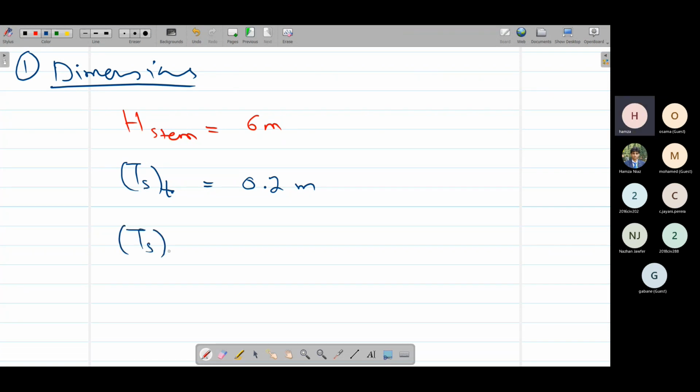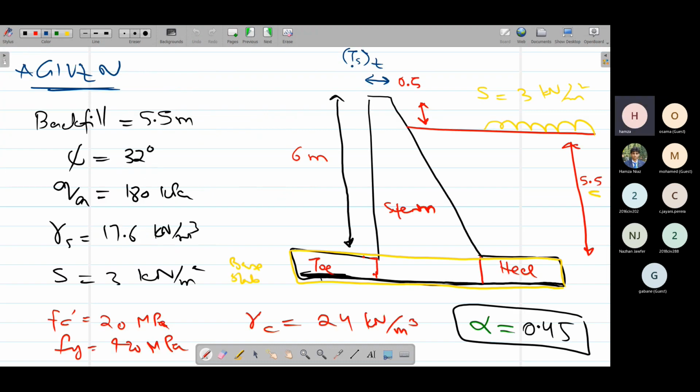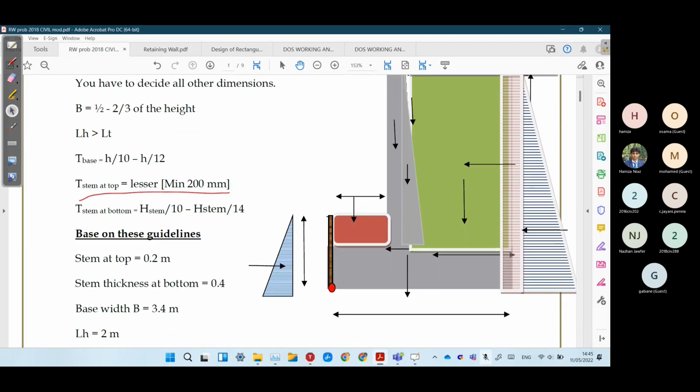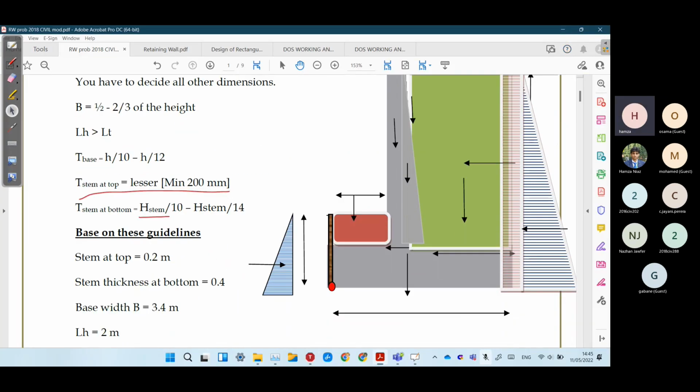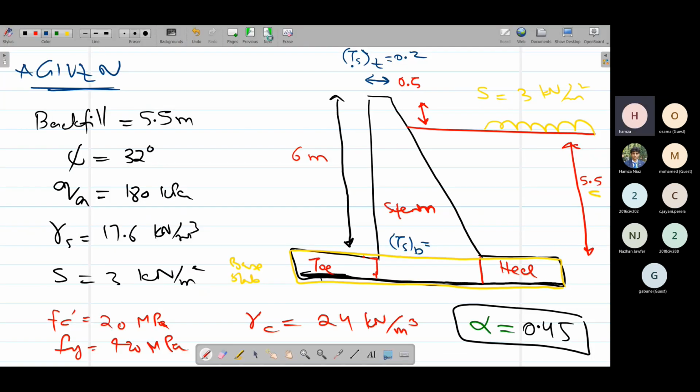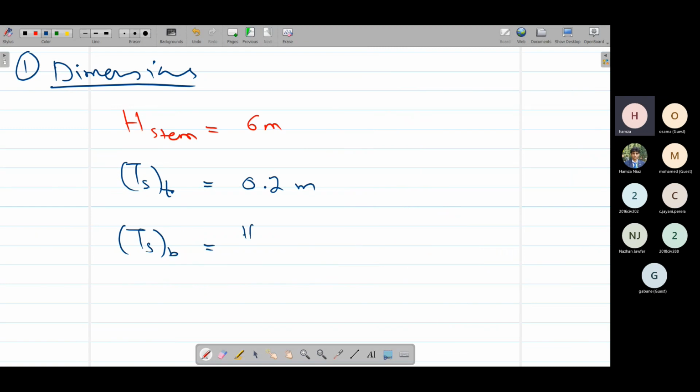And the thickness of stem at the bottom. So we have thickness of stem at the top as 0.2. T stem at bottom, thickness of stem at bottom. For this, we are given the guideline that T stem at bottom is between H by 10 to H by 14.